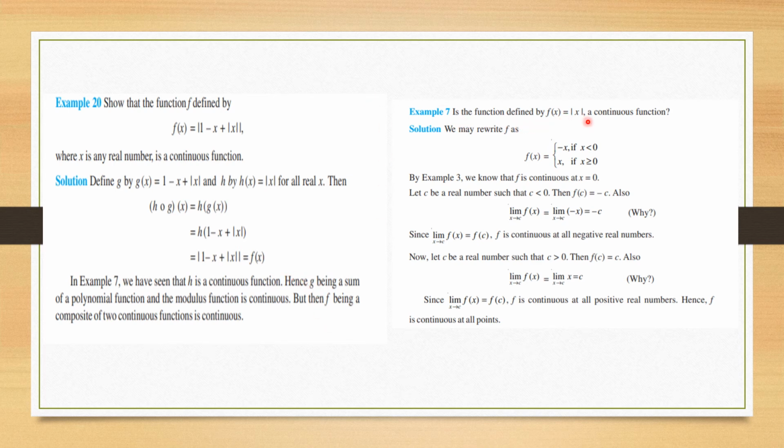So how will you prove that mod of x is continuous? f of x is minus x for x less than 0 and x for x greater than or equal to 0. This is the left hand limit. You can go for the c plus h and c minus h way, and you will find that at 0 it turns out to be the same. So f is continuous at all positive real numbers. Hence f is continuous for all points.